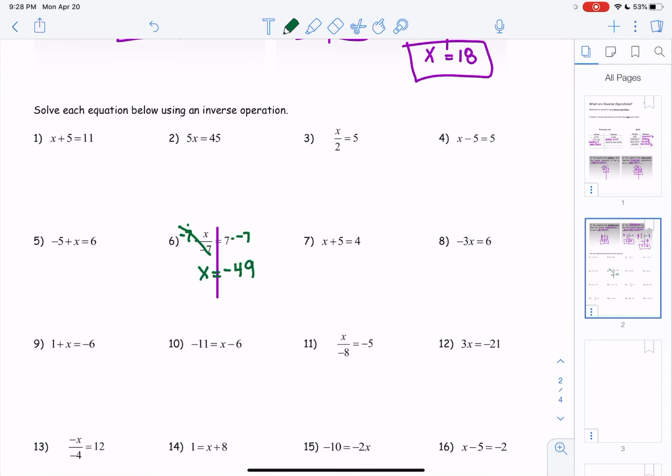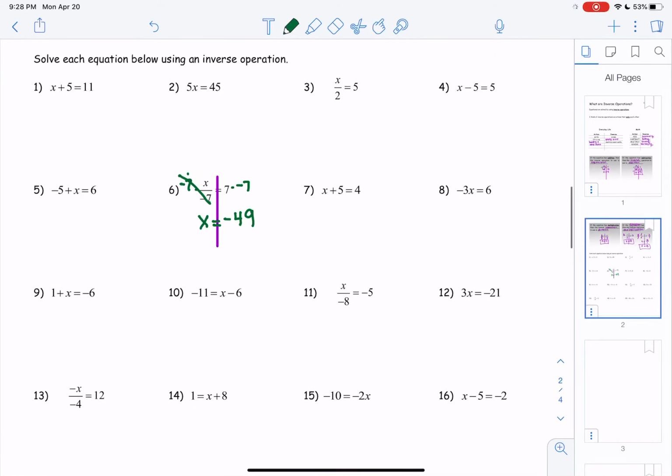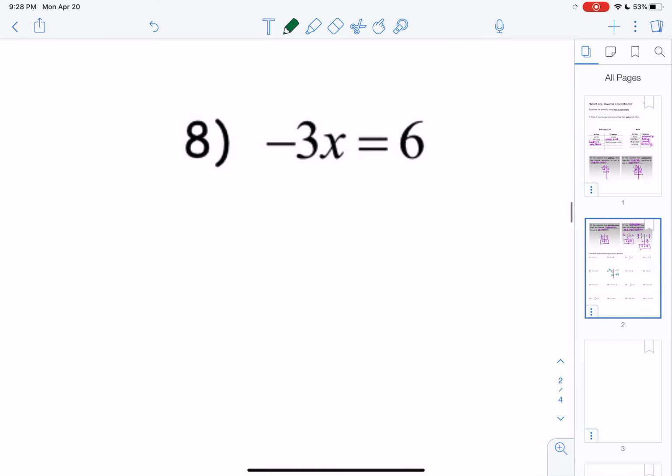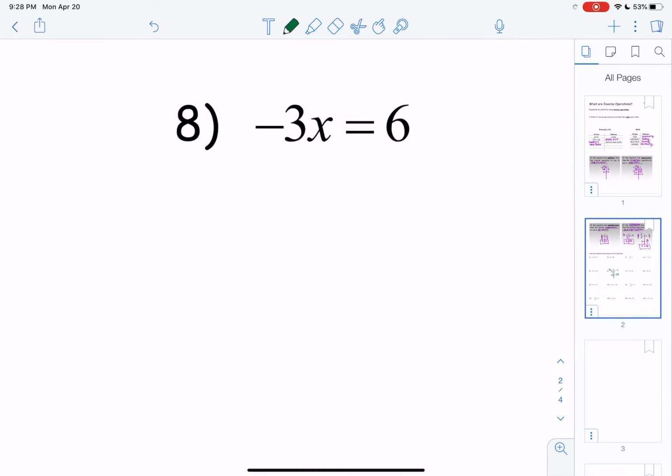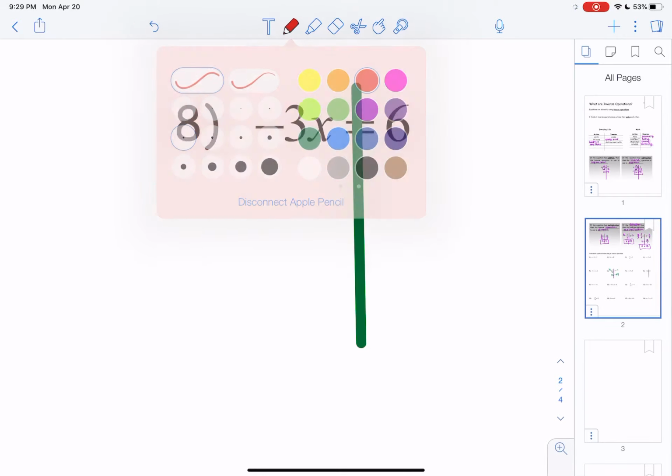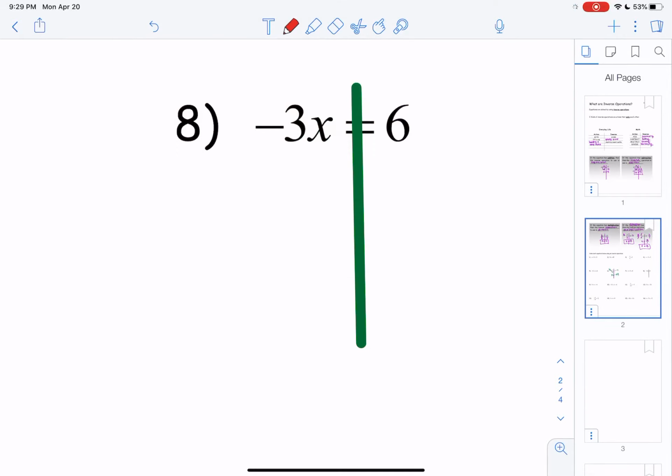All right. Let's do number 8. What operation's going on right now? Did you say multiplication? Because that's correct. So, what is the inverse? How do I undo multiplication? Yep, I divide.